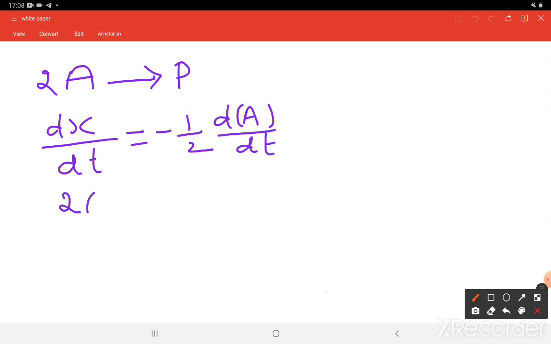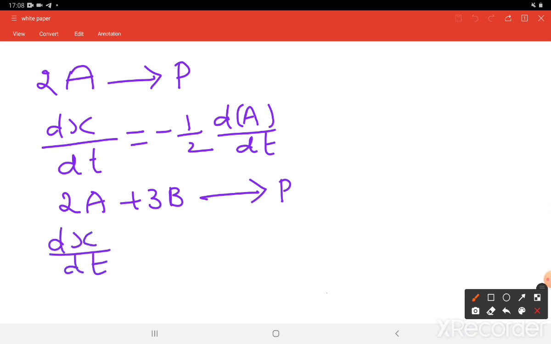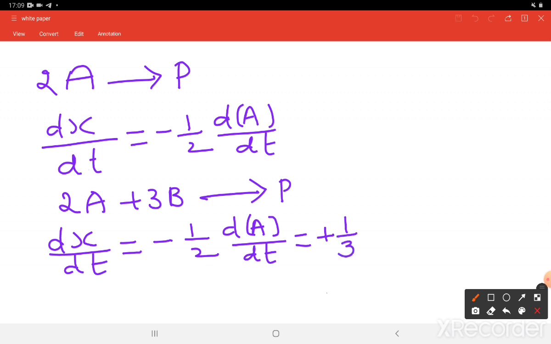Suppose 2A plus 3B gives rise to products. For this reaction, dx by dt is equal to minus 1 by 2 d of A concentration by dt is equal to plus 1 by 3 d of B concentration by dt.